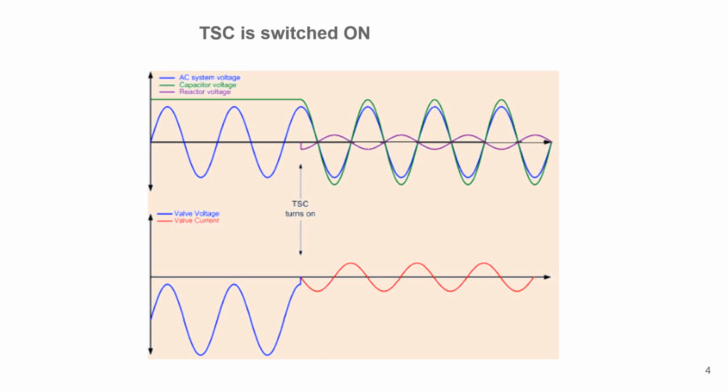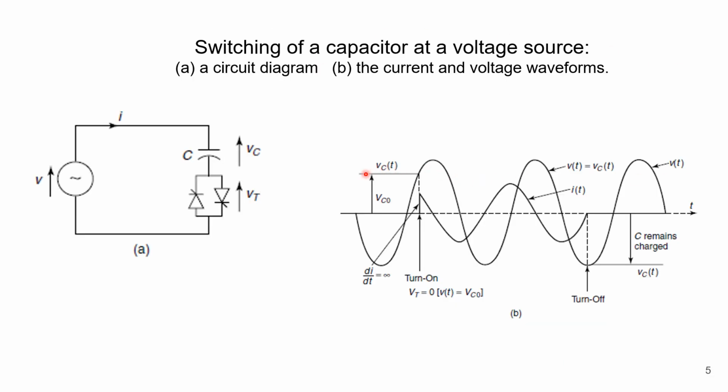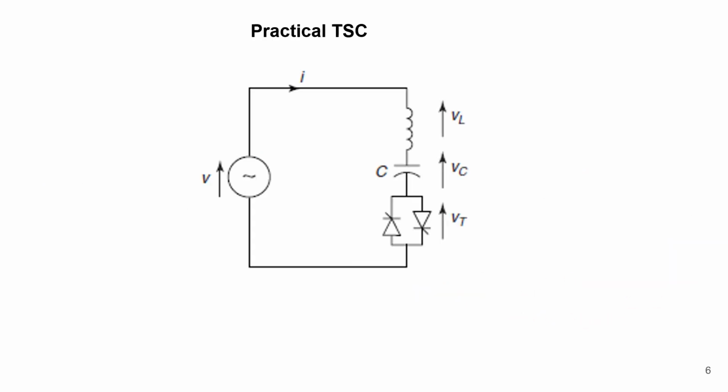For practical cases, what I have explained till now is the combination of the TSC turned on and turned off, in the same diagram. In the practical circuit, to limit the current, we include a small series inductor.